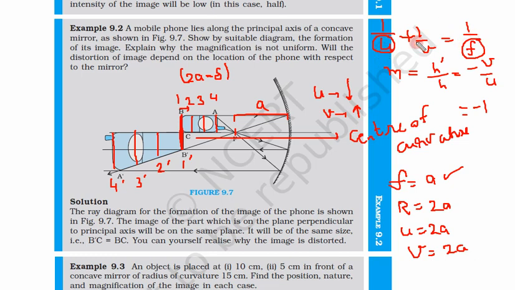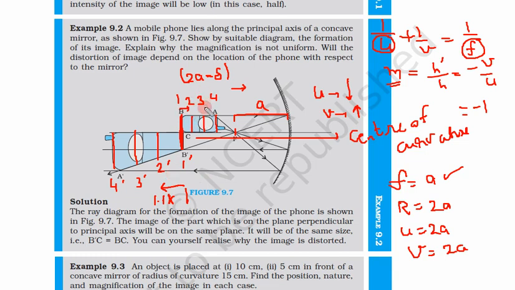So the image will go on the left side. In that case v will be more and u is less, so magnification will be larger. So this is magnification 1, and this is, let us say, 1.1x, something larger than this.